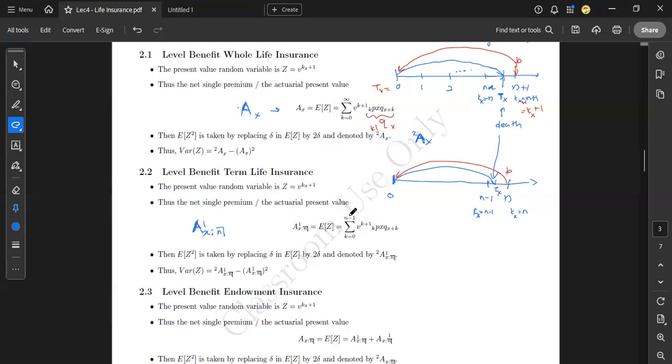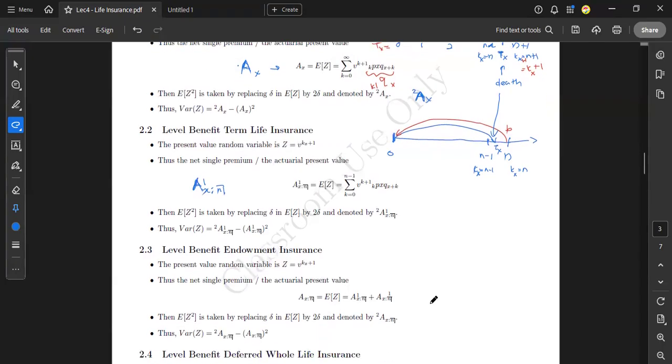If you substitute n minus 1 into k plus 1, it will eventually give v to the power n. That is the maximum distance we can go from 0. That means that is the smallest discount factor we can get, because n is the largest value for the power, and 1 over 1 plus i is the discount factor, so it becomes the smallest one in terms of the discount. So that is how it works.